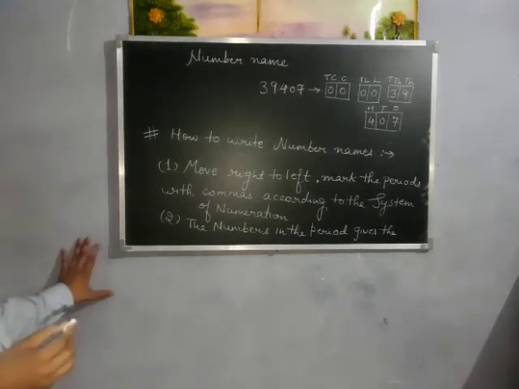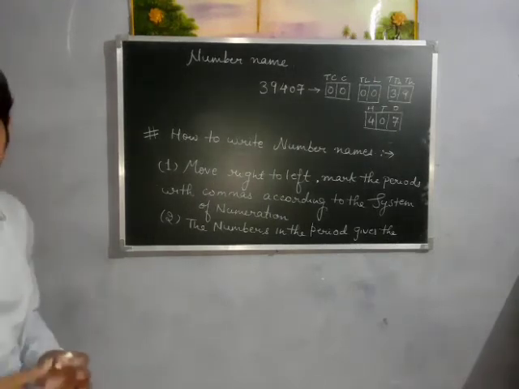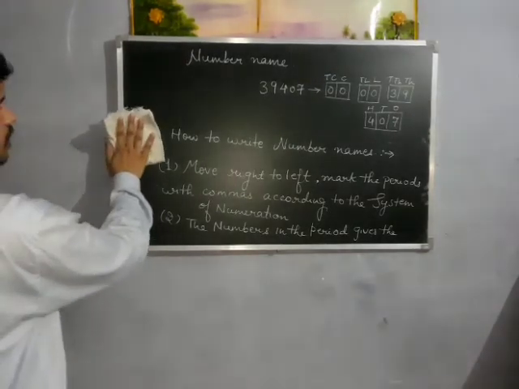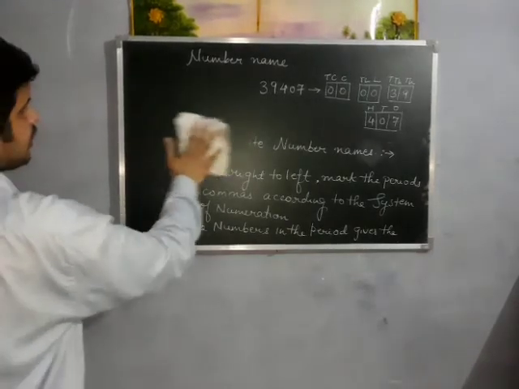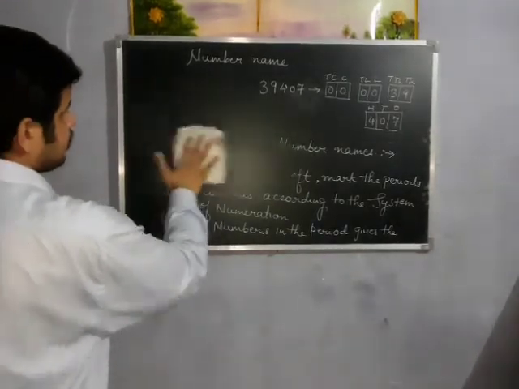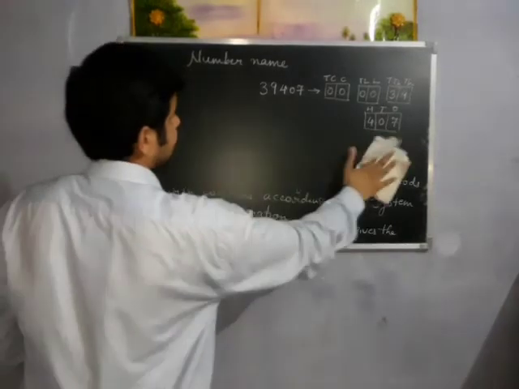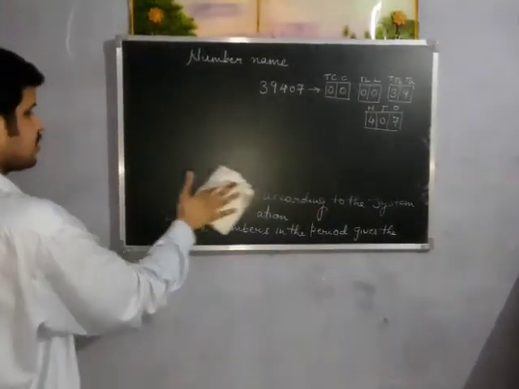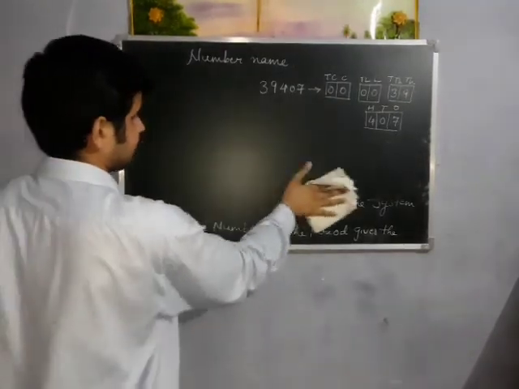Now students, be focused on the blackboard because we are discussing number names. First of all we will insert commas, and we move right to left in inserting commas according to the Indian system of numeration.